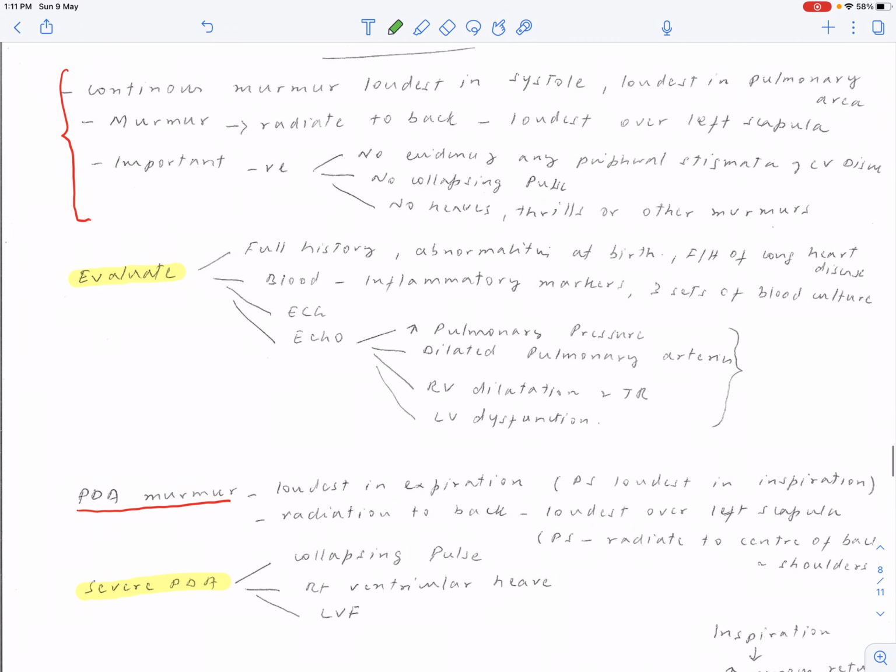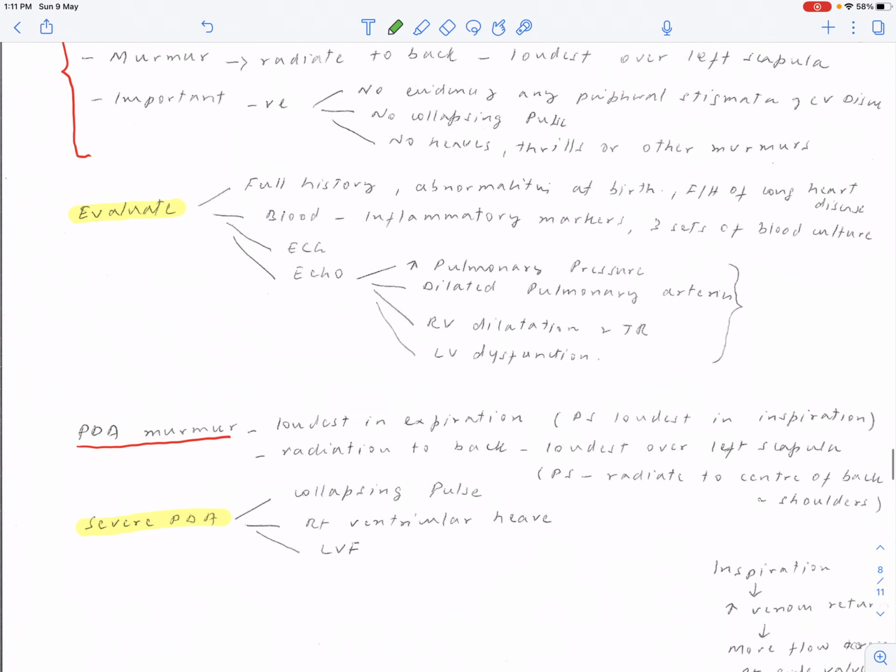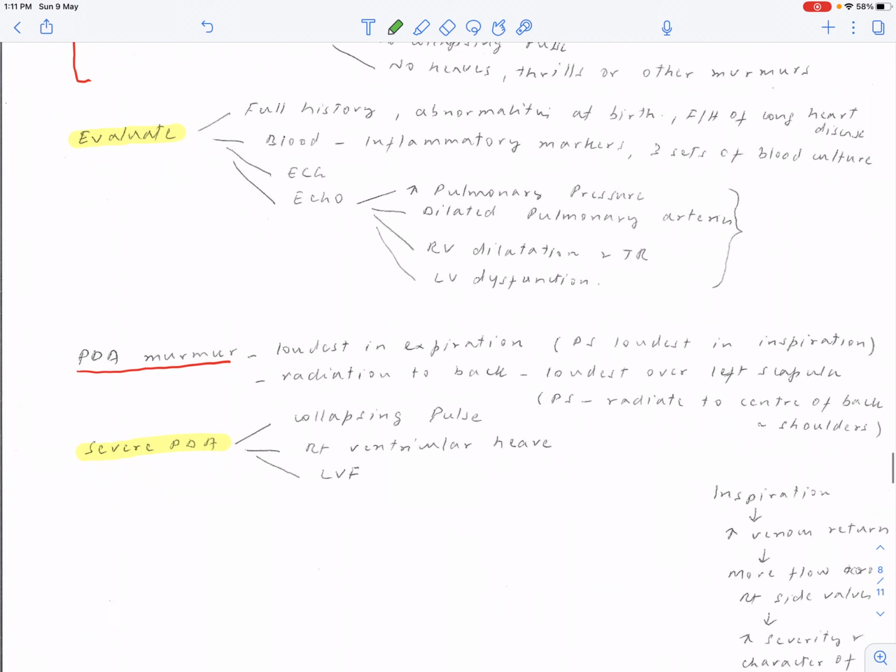As this murmur is loudest in the pulmonary area, sometimes it's difficult to differentiate from pulmonary stenosis, but there are some differentiating points, and this is also a common question in the PACES exam: how do you differentiate a murmur of pulmonary stenosis and the PDA? Remember, the PDA murmur is loudest in expiration, and pulmonary stenosis is loudest in inspiration.